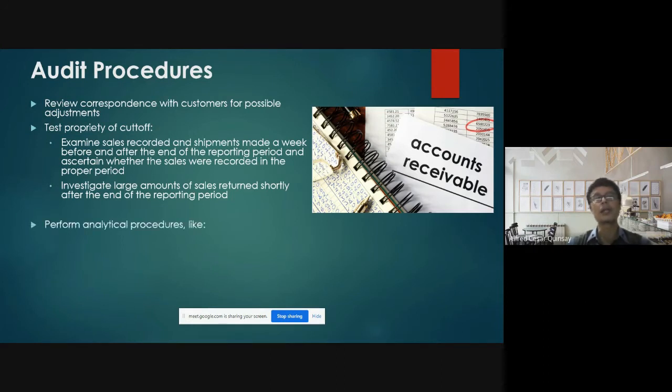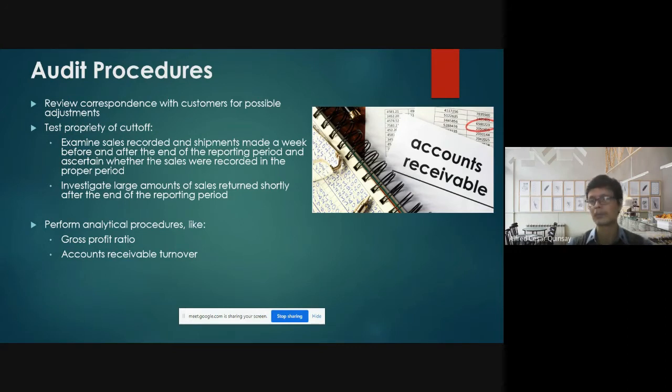Next is to perform analytical procedures like gross profit ratio. These are normally done by the auditor himself, or herself, as the case may be. Accounts receivable turnover: these ratios show the turnover of receivables, the collection cycle.